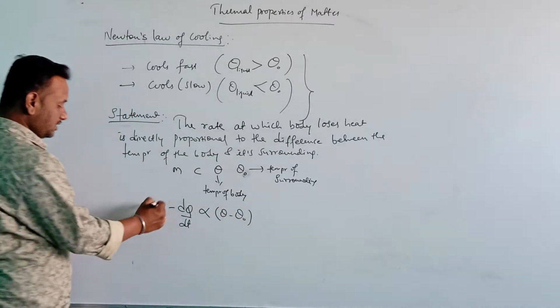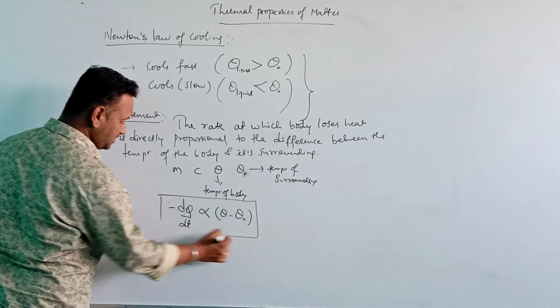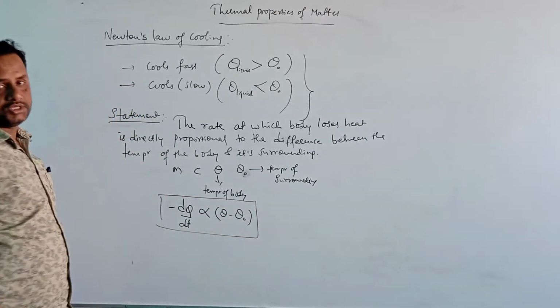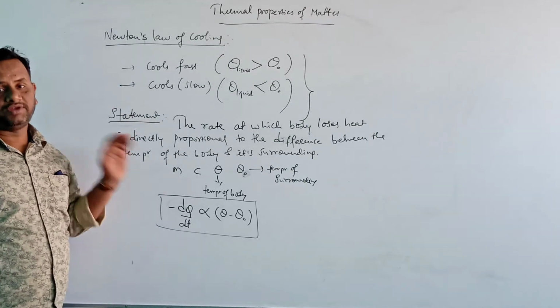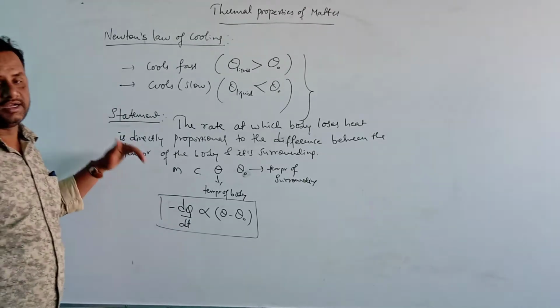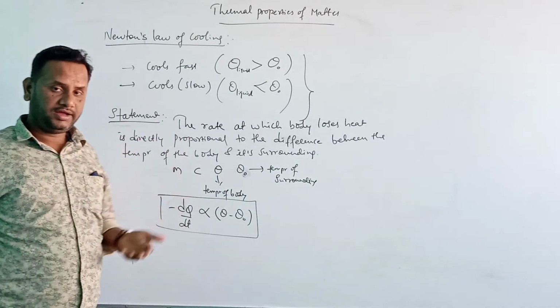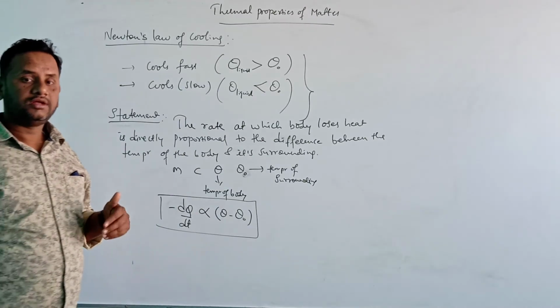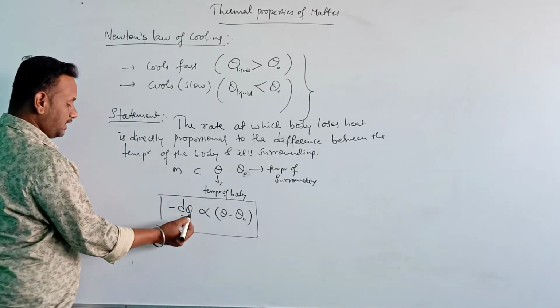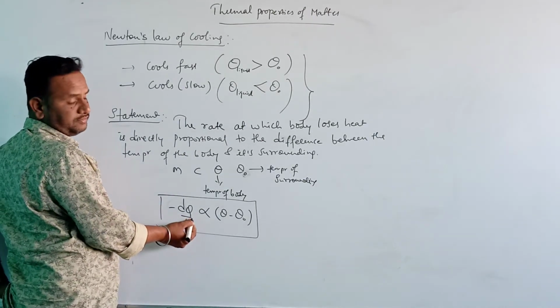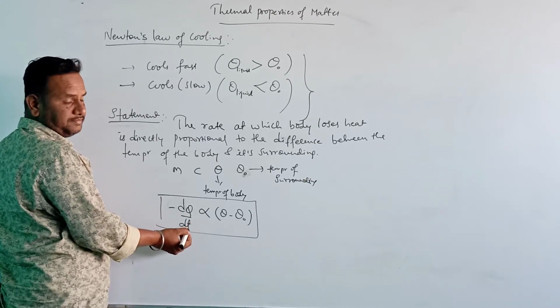Here this negative sign indicates that there is loss of heat, a decrease in heat. So here Q means the amount of heat which is decreasing with respect to time.